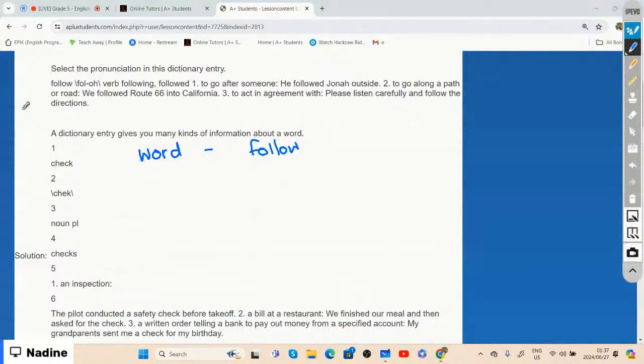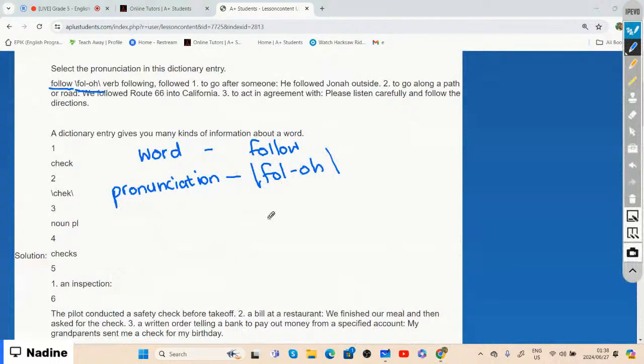Then also in the dictionary, we have our pronunciation. That will tell you how you need to say the word or pronounce the word, right? We have a pronunciation and they will basically tell you how you need to say that word. Follow.